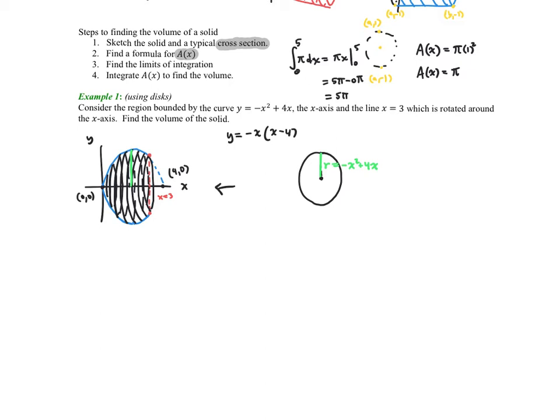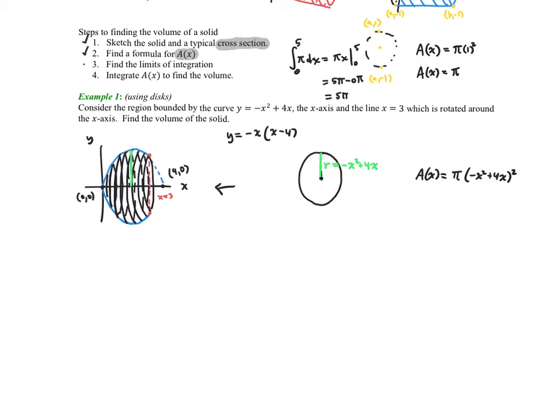So I've sketched my solid, and I've seen a typical cross-section. Let's find an area formula for A of x. A of x, of course, is a circle, so I want to take pi times r squared. There is A of x.